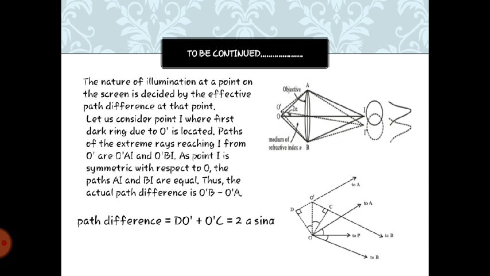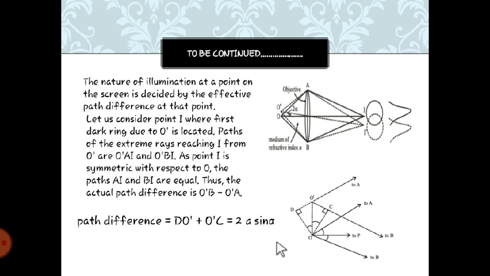It will be O dash B minus O dash A. Since I is symmetric with O, the path difference for AI and BI will be 0. So we are considering the case of O dash itself, where the path difference is O dash B minus O dash A.